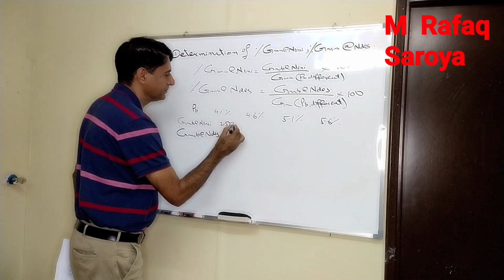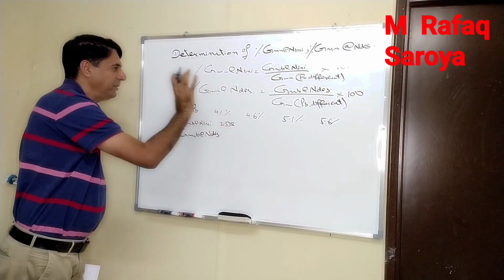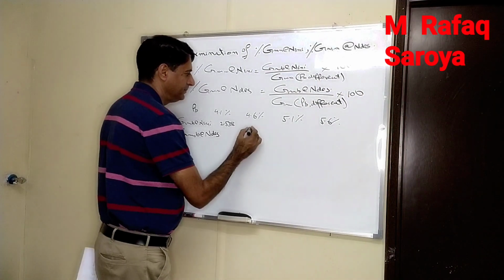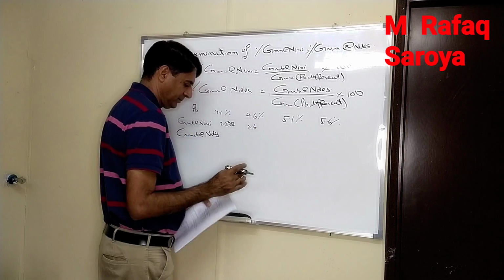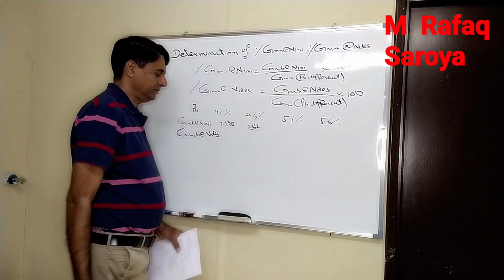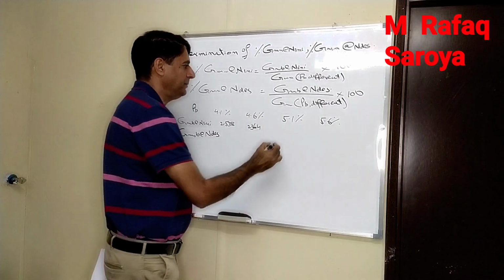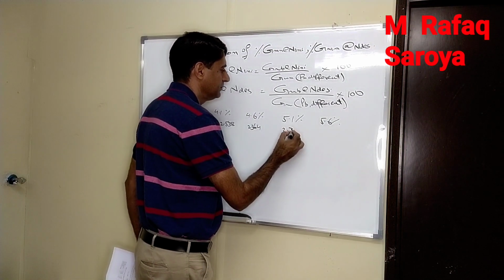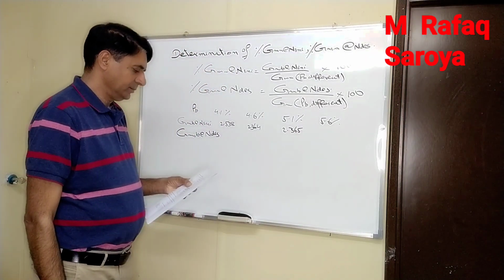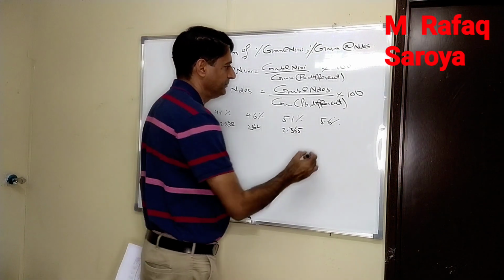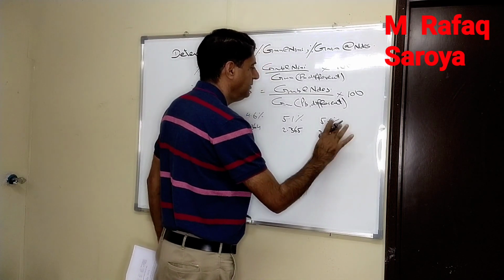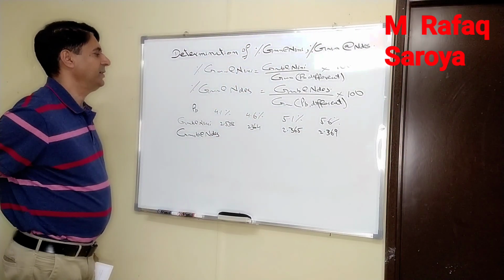2.538. This is the value calculated when the binder content is this one. 2.364. 2.365. 2.369. These are the values which we have determined already.